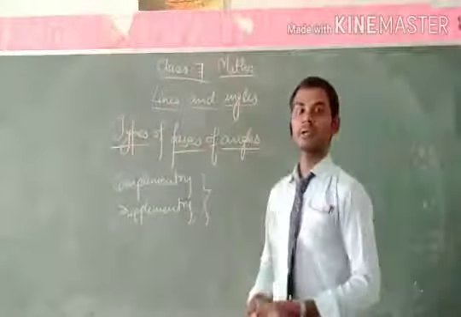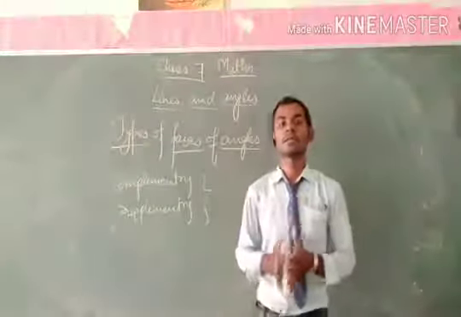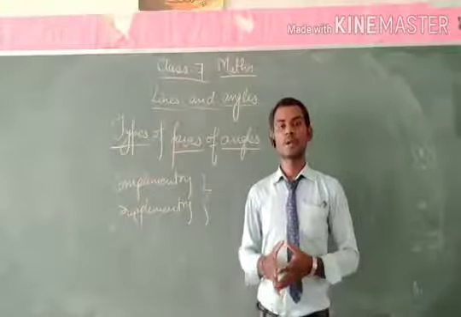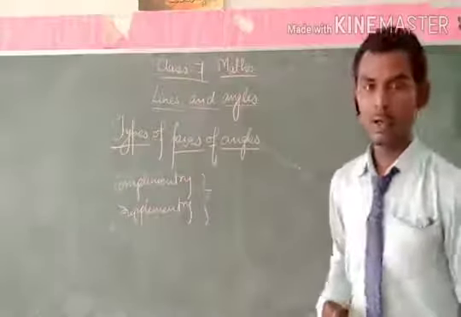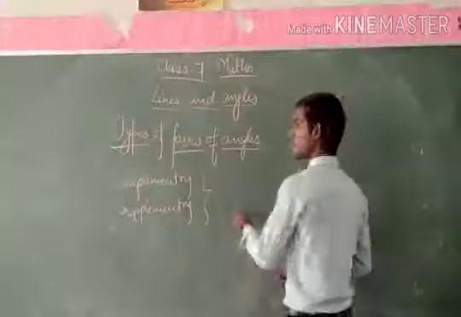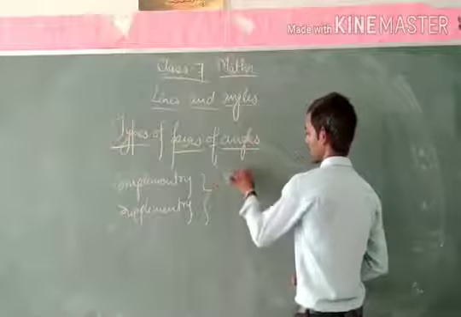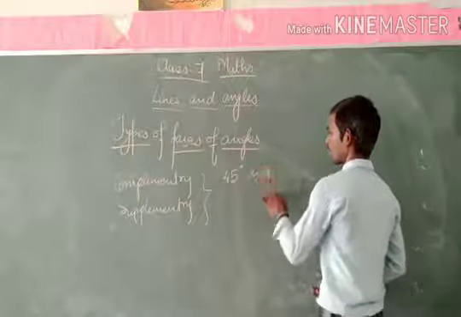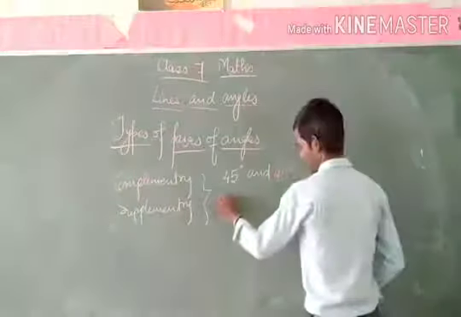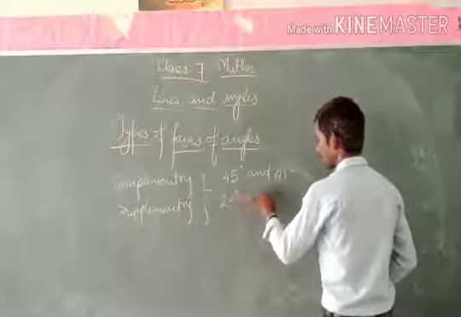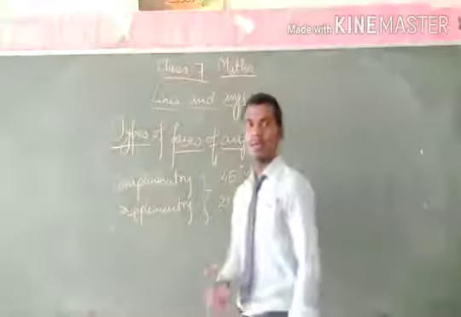What is the complementary angle? Two angles are said to be complementary angles if the sum of their measures is 90 degrees. Then such a pair of angles is known as complementary angles. And we also solved some examples on complementary angles. If the measures of the angles are given like 45 degrees and 45 degrees, or 20 degrees and 70 degrees, then if we find their sum, in both cases we get 90 degrees.